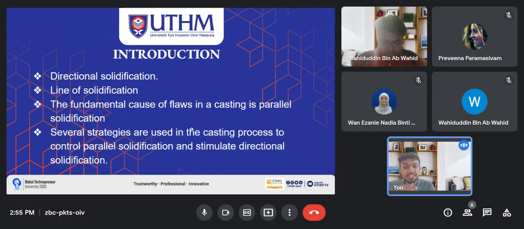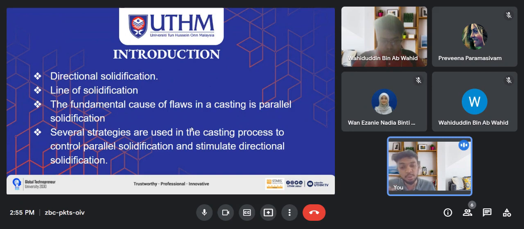Moreover, several strategies are used in the casting process to control the parallel solidification and stimulate the directional solidification, to regulate the hot and cold regions, and also to avoid difficulties with the cast component. Risers or chills are used to introduce thermal changes inside the mold.